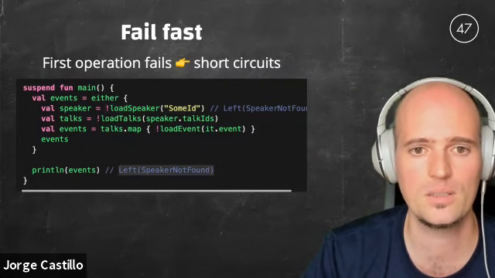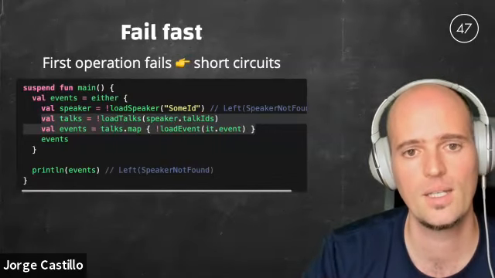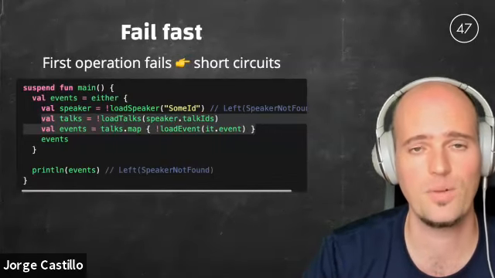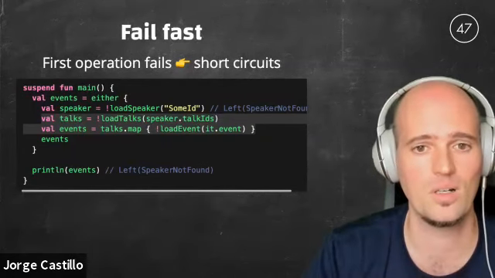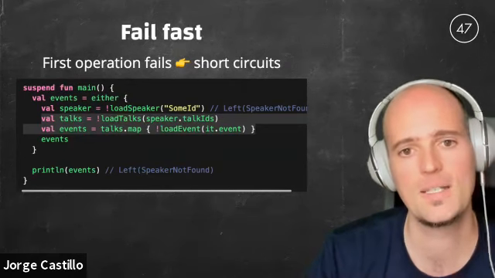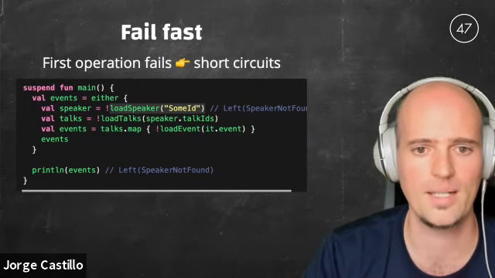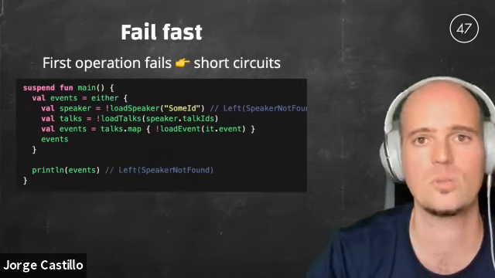So you will not actually perform any of these 2 computations anymore, right? And that's only because it's using flat map under the hood, and again, a flat map will only work if it's a right value, or we stay under the happy path, which is not the case here. So left of error, that's going to be forwarded right until the end. That's the result of the composed computation.